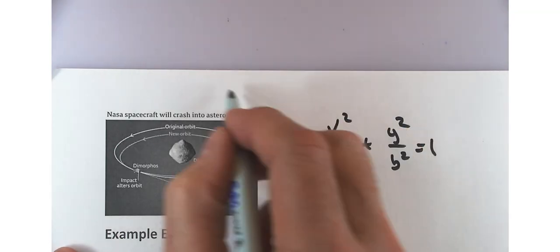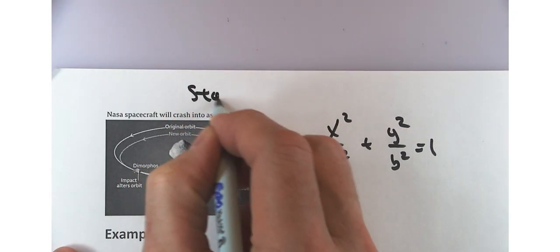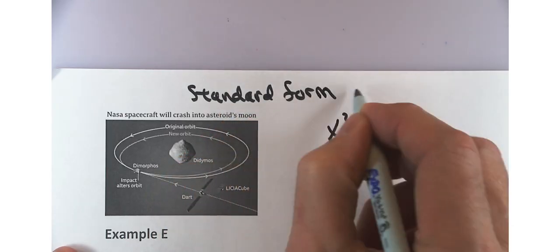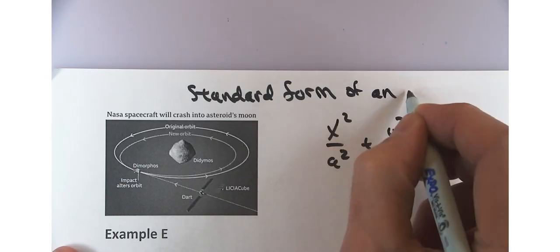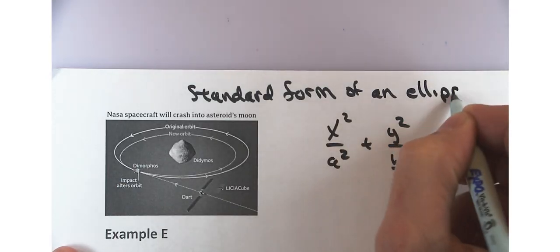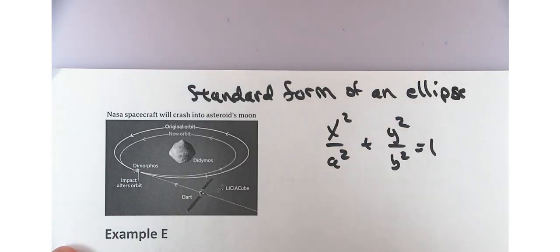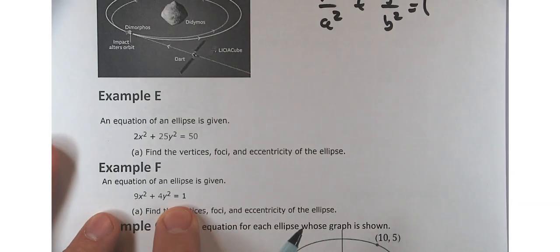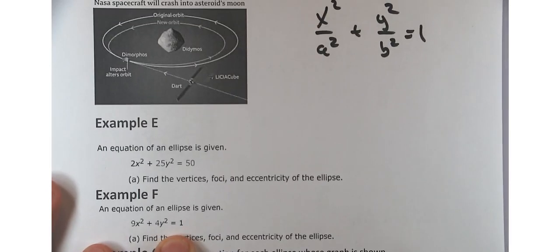So, standard form of an ellipse. All right, so nice, standard form ellipse, but this is not looking anything like that standard form. So there's a little trick involved.